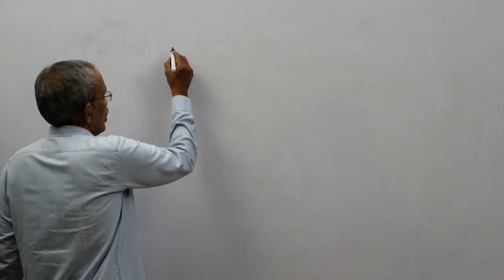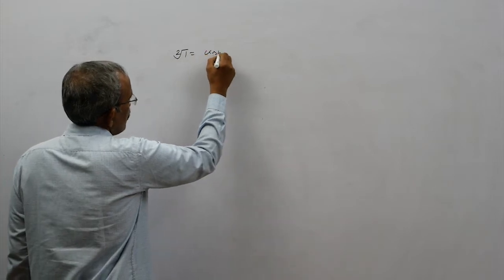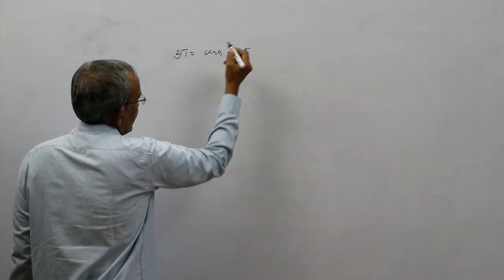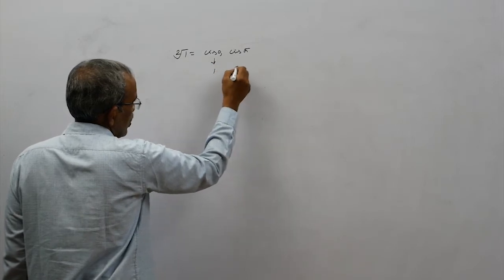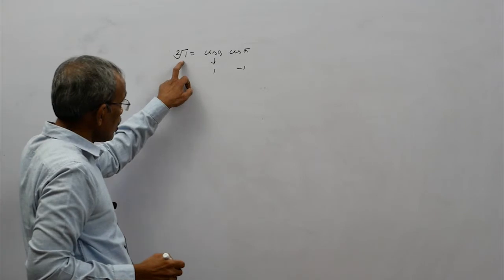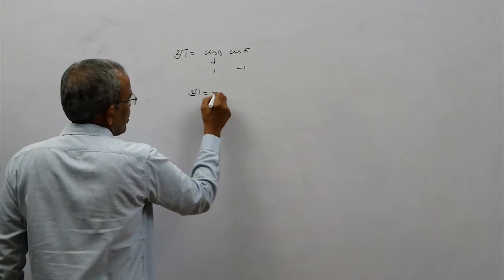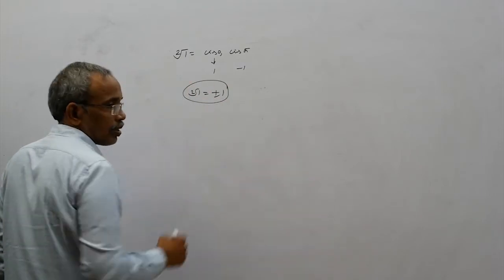So we know that square root of 1 is equal to cis 0 and cis pi. Here cis 0 is equal to 1, cis pi is equal to minus 1. Therefore, square root of 1 is equal to plus 1 and minus 1. That is equal to plus or minus 1.